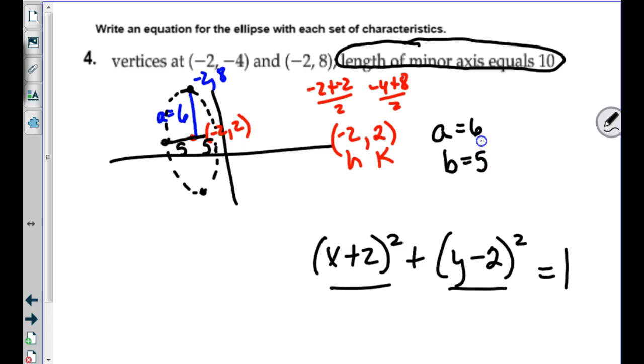Okay, A is the 6. Which way was it going 6? Up and down, which means it goes under the Y. Whatever number goes up and down, it goes under the Y because up and down is the Y value.